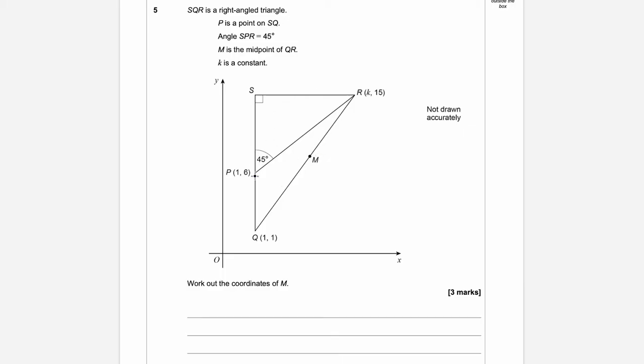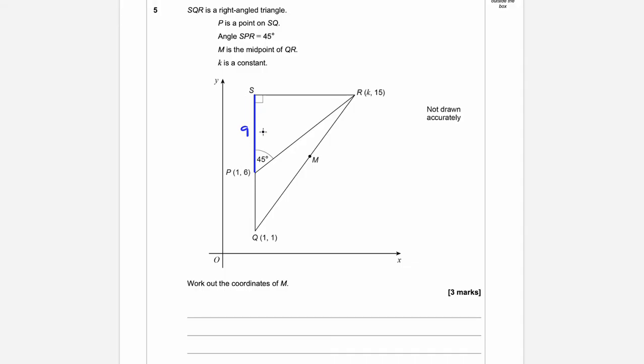Okay, so if this is 6, guys, that means from here to here, this distance must be 9. Let me just show you which distance I'm getting. This distance here is 9 because it's 15 minus 6. The y coordinate is 15, y coordinate is 6, so that distance is 9.